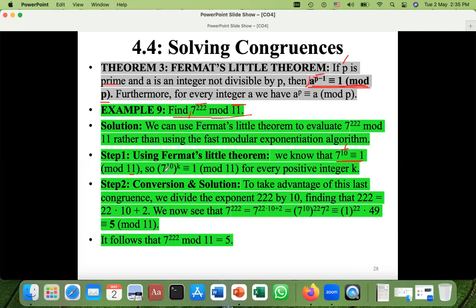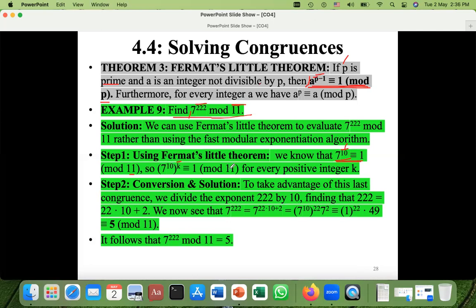So now we are saying that whatever the power of this 7 raised to the power 10, for example, whatever the power, we are saying it is a k. It would be congruent to 1 mod 11. So how much can you increase the power here? 50, 100, whatever.